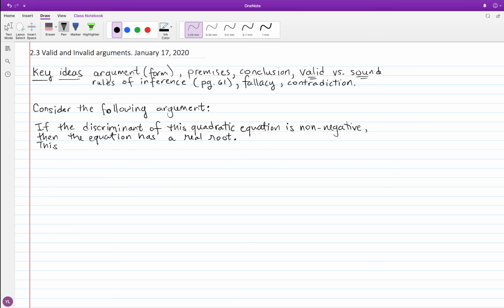You may remember from algebra class that this is a true statement: anytime you have a non-negative discriminant, you will have a root to the equation.